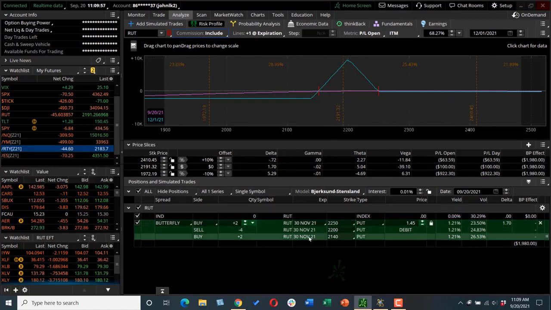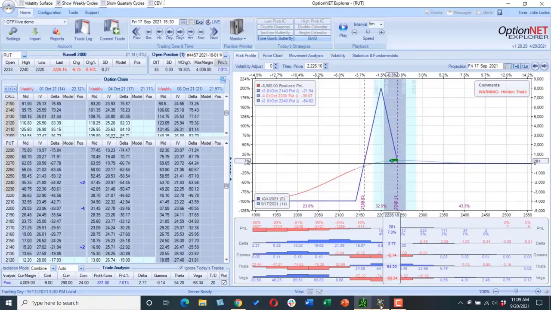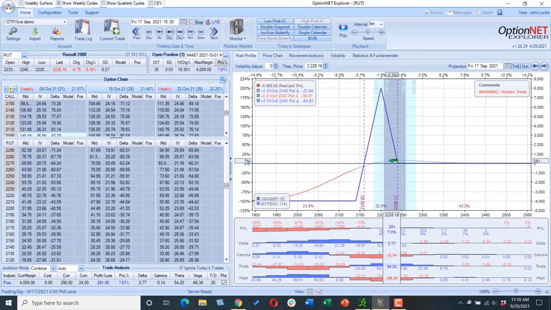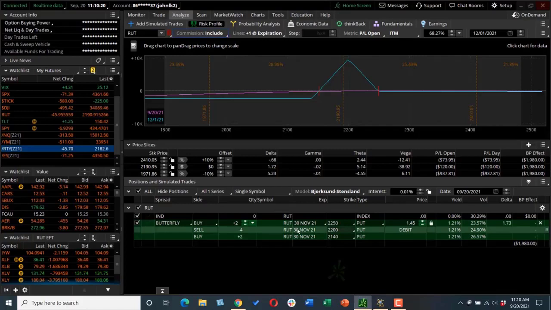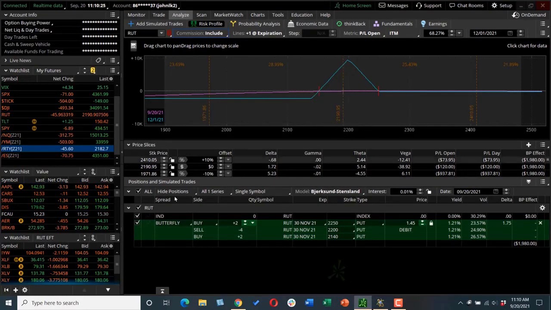I went into the November 30th cycle, which, how many days was that on Friday? November 30th was actually 74 days to expiration. And that probably wasn't a good choice to go that far from expiration on the trade. But again, this November 30 expiration is going to give me a lot more reasonable profit and loss profile.